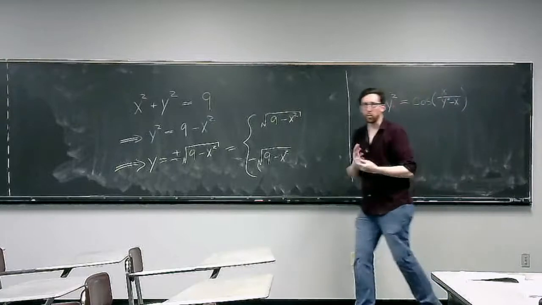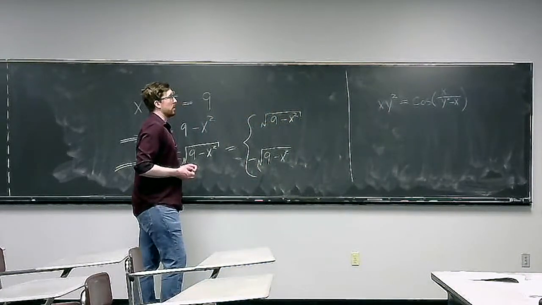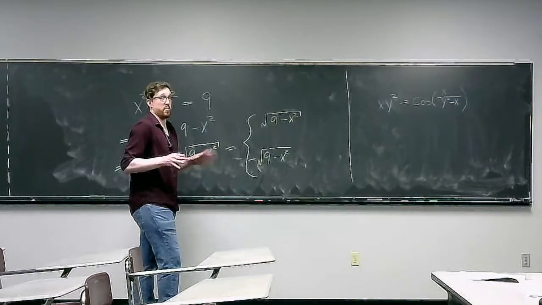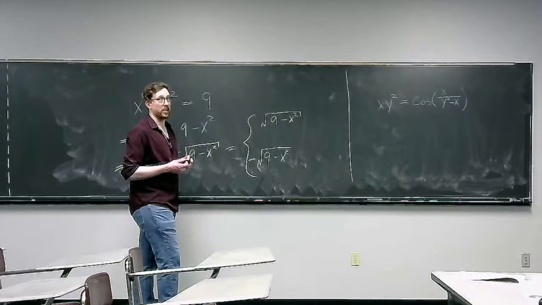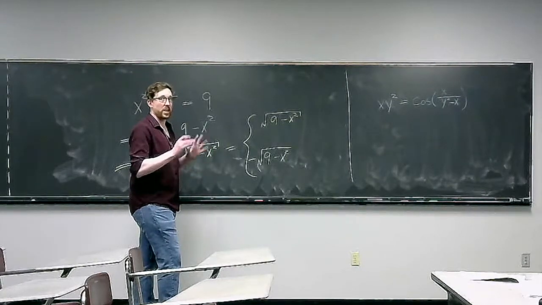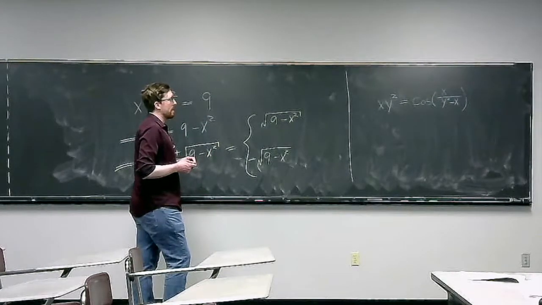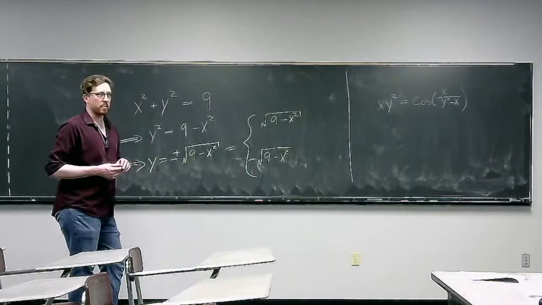Brutal, I say. I don't know how to separate those. I'm being genuinely honest right now. I don't see a method to separate any of those. You're always going to have x and y intermixed with each other. There might be one or two tricks here, but none are coming to mind right away.